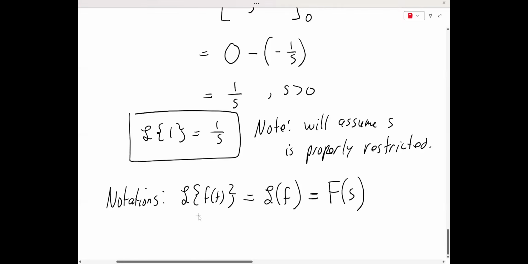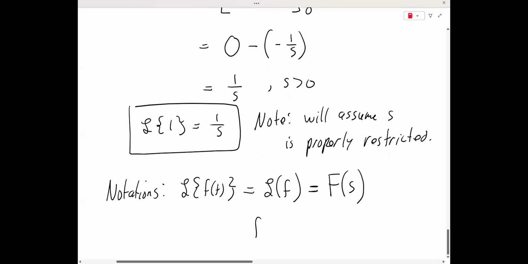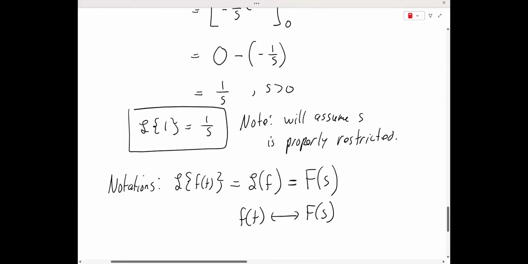So the Laplace of f of t, you can write like this, or you could say it's capital F of s. You have little f of t and then big F of s. And these two together, f of t and capital F of s, this is called a transform pair. They go together, basically.